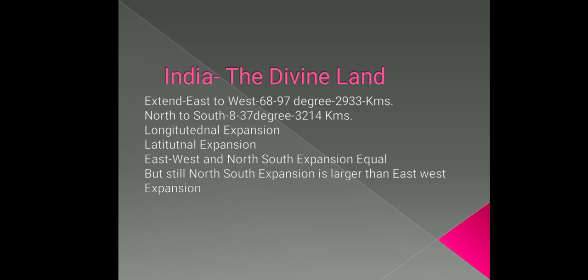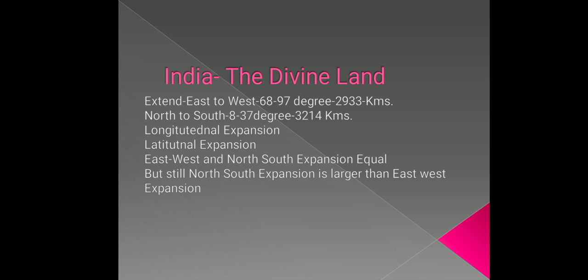I think you have studied in your previous classes about the expansion of India. If we see the expansion of India from east to west, it is 68 degree to 97 degree east.